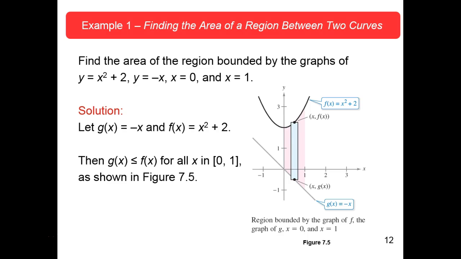Here is your representative rectangle, f of x minus g of x, once you rename that. The problem didn't give you that, but they said, let's name them that way. And you notice here g of x is always less than or equal to f of x in that range.